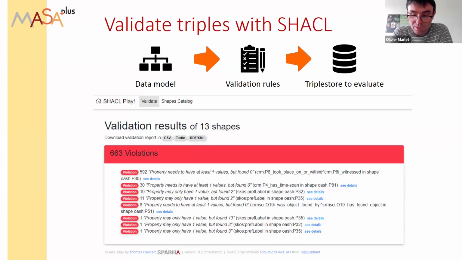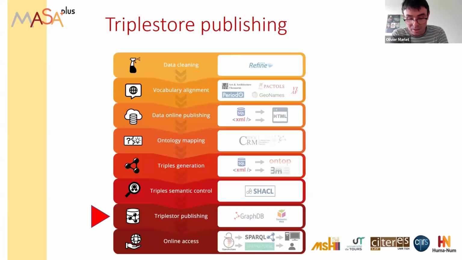So the more different datasets we submit to Sparql, the more we will improve the robustness of our ontological model. This step may therefore require going back to previous steps to correct errors before resubmitting our RDF to Sparql. The next step is to publish our dataset in our MASAplus triple store.